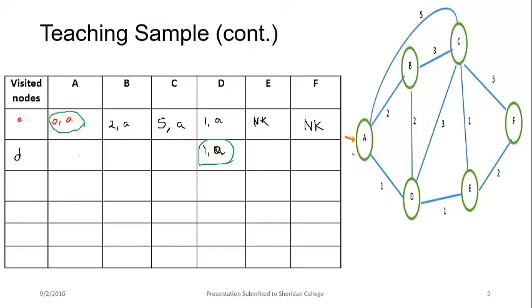And from D to B, 2 distance. But earlier, I moved from A to D with 1 unit of distance. So 1 plus 2, 3. So A, D, B, moving to B gives me 3 from D. But in my first step, it was 2A.